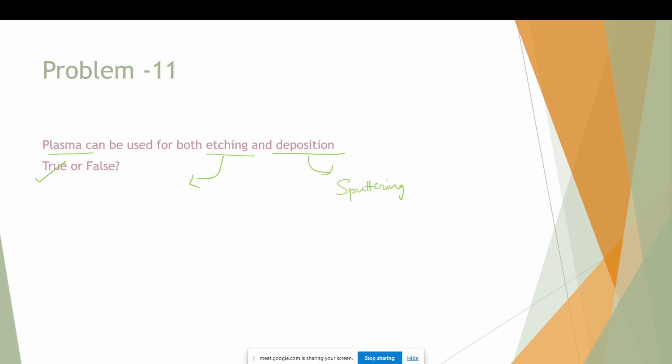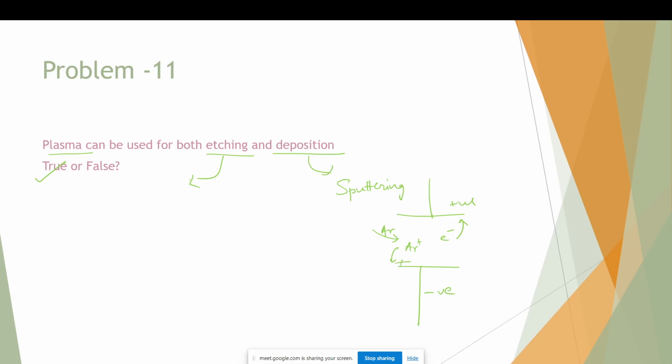Like you said, in deposition we have a positive electrode and a negative electrode, and we have some gas, like argon. Argon gas will ionize because of this electric field, and we'll have Ar plus and electrons. The electrons will move towards the positive electrode, and Ar plus will move towards the negative.